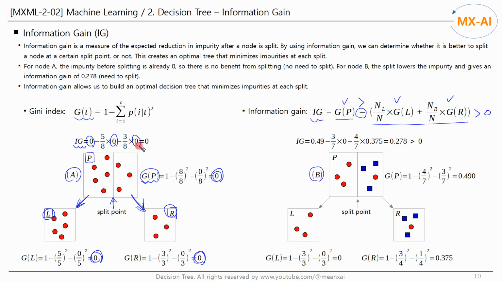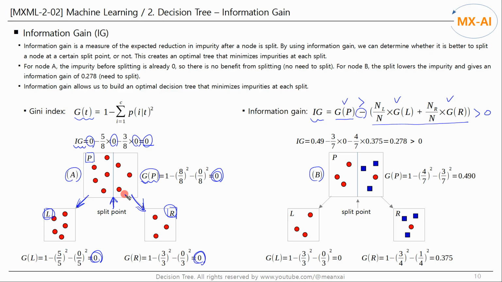Therefore, the information gain is 0. An information gain of 0 means that the split does not reduce impurity. That is, this node does not need to be split into child nodes at this split point. Node A has all the same class, and its impurity is already at its minimum, so it cannot be reduced any further.